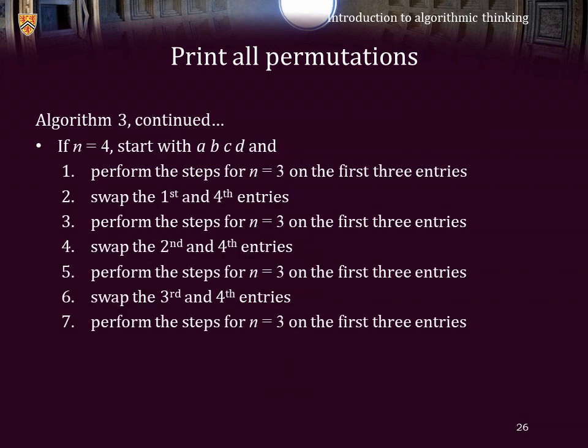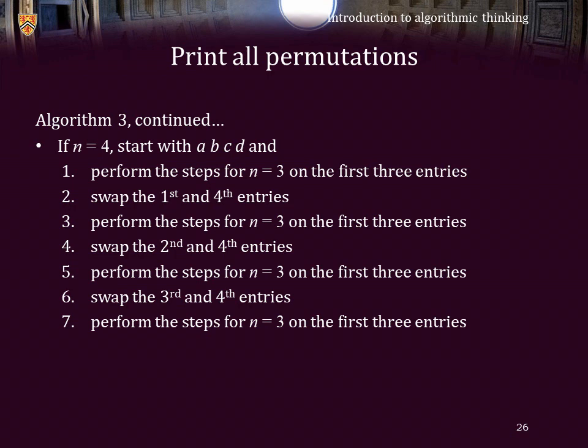Now, we've seen the algorithm up until n equals 3. With n equals 4, we're going to do the following. We'll start with A, B, C, and D, but then we'll perform the previous algorithm for n equals 3 on the first 3 entries. This will produce 6 permutations of A, B, C, with D always being the last entry.